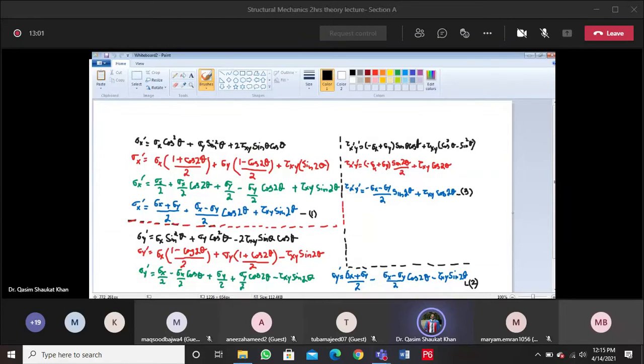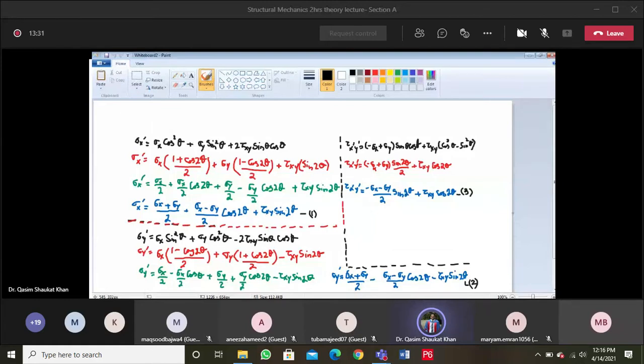So this equation will become tau x dash y dash is equal to minus sigma x minus sigma y over 2 sin 2 theta plus tau xy cos 2 theta. So it means I can calculate the transform shear stress by using normal stresses and the shear stresses along with the theta value.